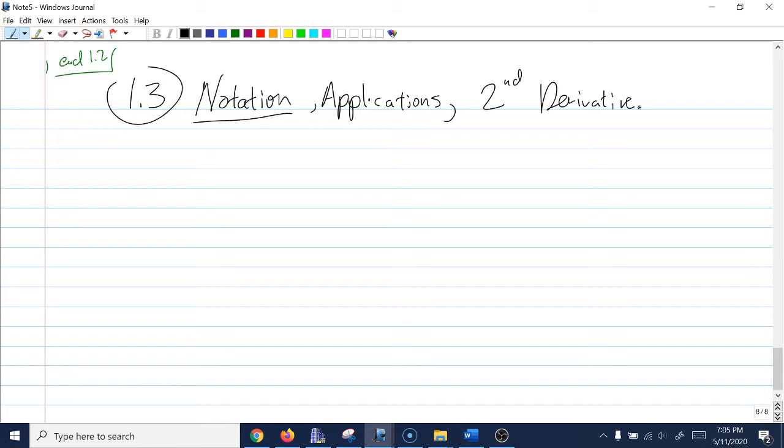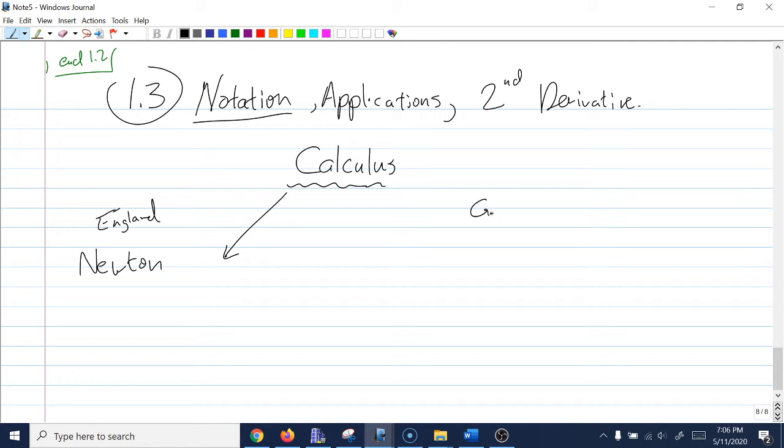Okay, so a thing about calculus. Calculus is one of many things that was invented in two places at the same time. In England, it was discovered / invented by Isaac Newton. And in Germany, it was invented / discovered by Wilhelm Leibniz.